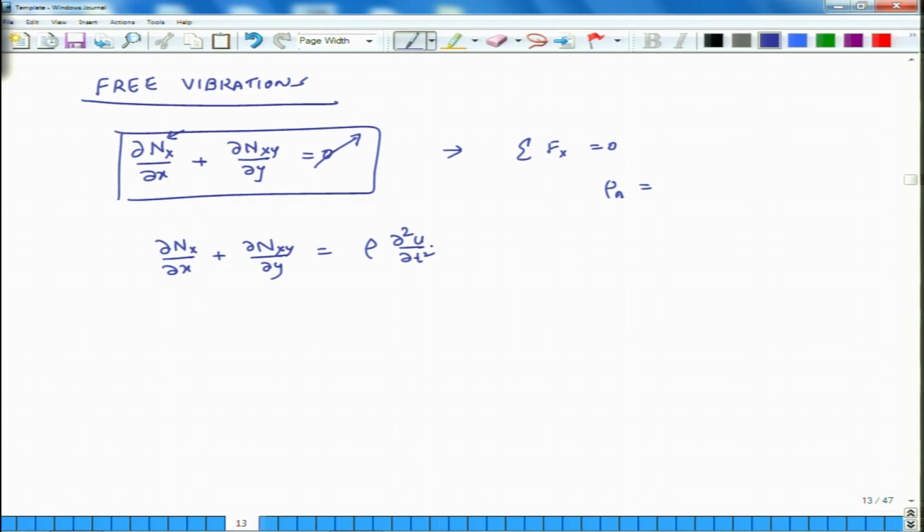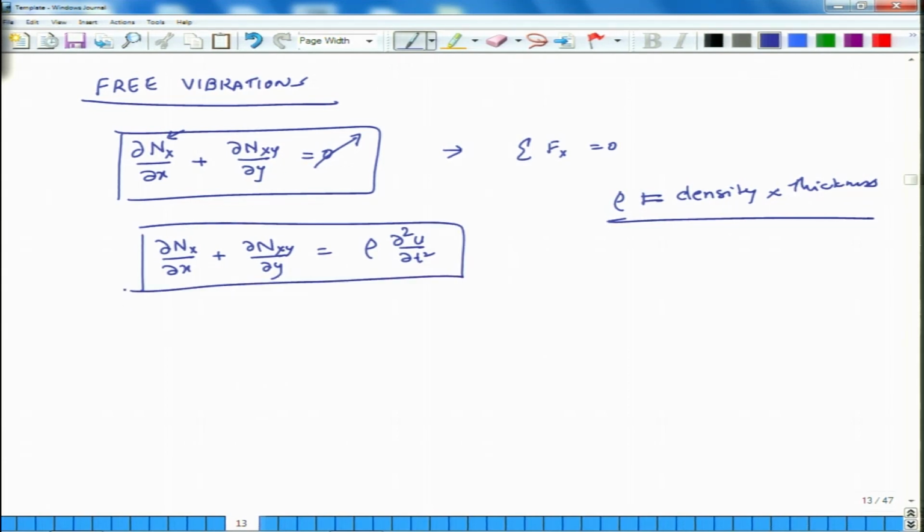This rho is not area density, it is density times the thickness of the plate. So, this is the equilibrium equation in the x direction.